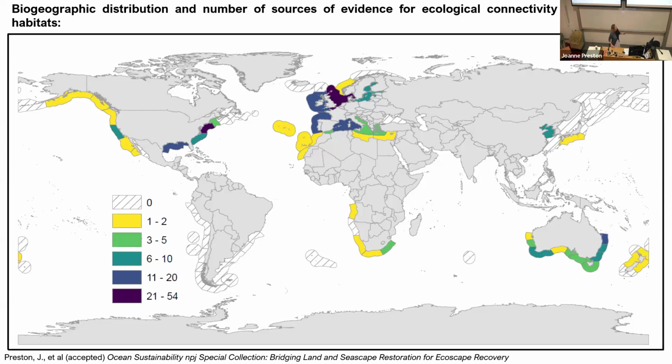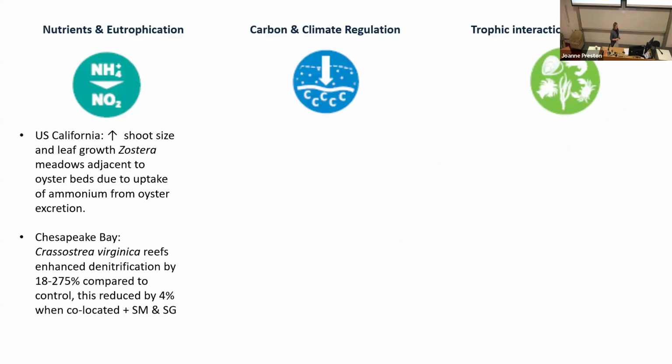You can see that overwhelmingly the evidence comes from the Northeast Atlantic and Northeast Pacific, with some in Australia. And we didn't find, through our structural review, evidence in South America. We don't think for a moment it's not there, but for whatever biases in the study, it didn't bring that up. What we did find is huge amounts of ecological knowledge gaps.